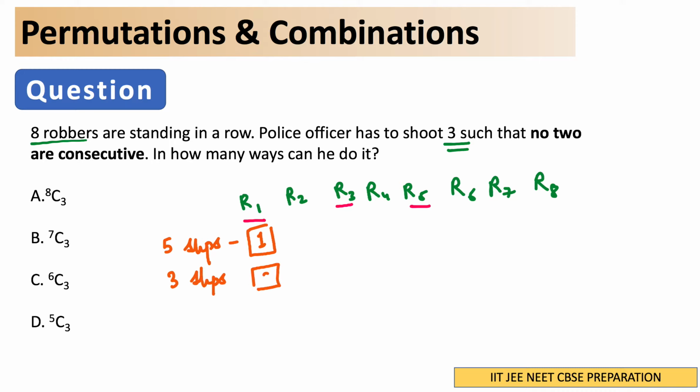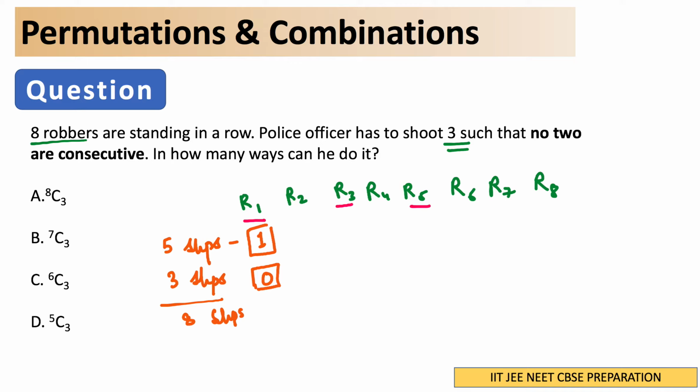So we have a total of 8 slips. Now we distribute these 8 slips among these robbers. So 5 of the robbers will have a slip carrying 1, and 3 of the robbers will have a slip with 0.